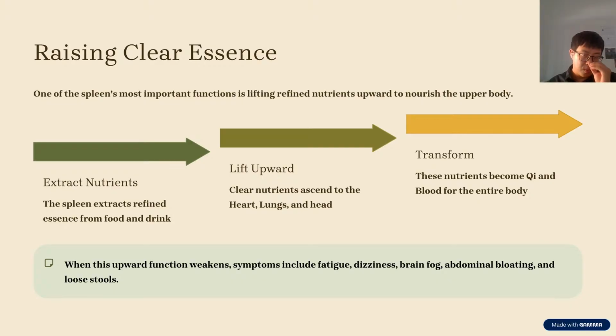Some nutrition can be the material of the blood, and some nutrition can be the material of energy. So the spleen transports the energy material to the lung, together with the clean energy that comes in by breath, to form the zong energy. Remember the zong energy? That's how zong energy is generated.